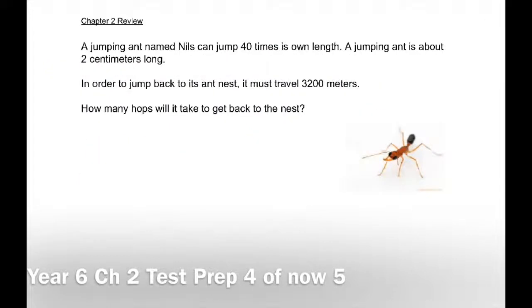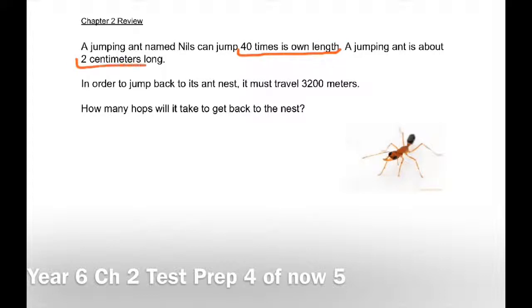Okay, next one. A jumping ant named Nils can jump 40 times its own length. A jumping ant is about 2 centimeters long. In order to jump back to its ant nest, it must travel 3,200 meters. How many hops will it take to get back to the nest? So going through, let's underline our important information. It can jump 40 times its own length.